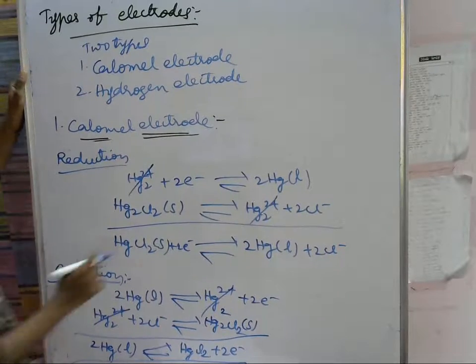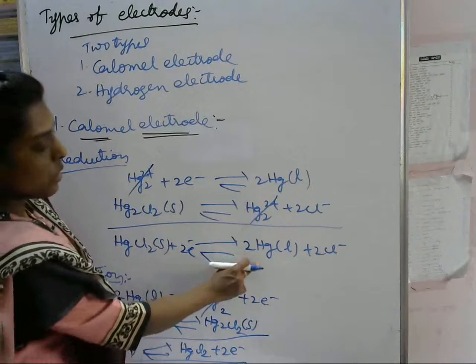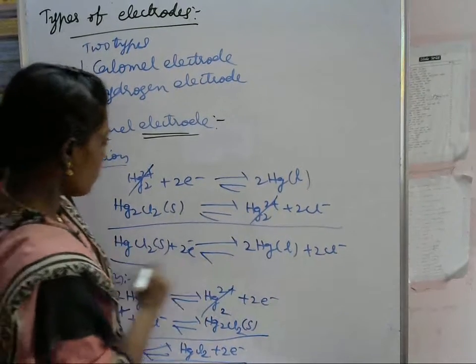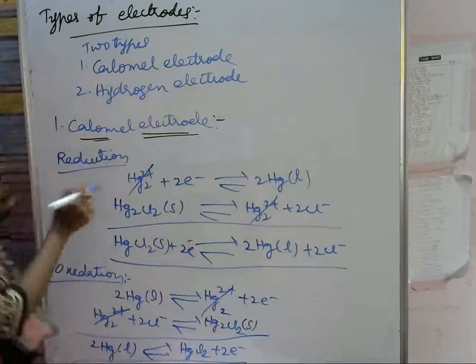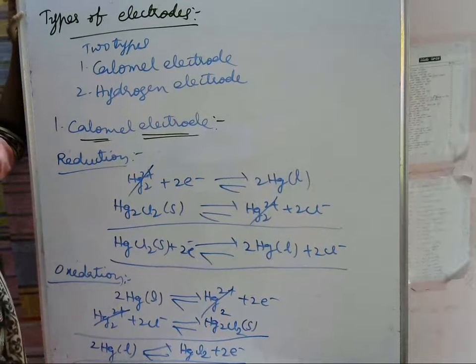So this Hg2Cl2 accepts the electrons and is converted into 2 Hg and Cl minus. Okay, so this is the net reaction of this reduction process.